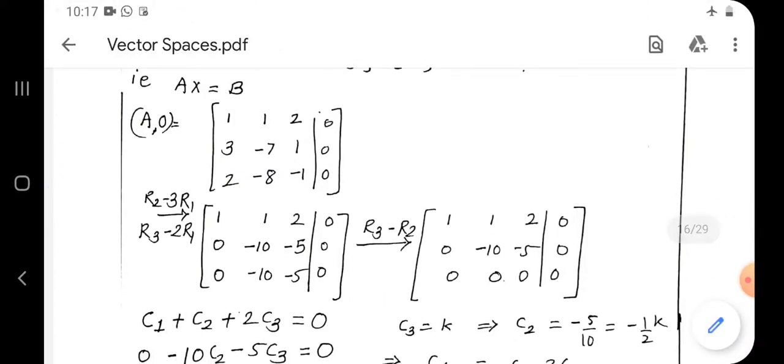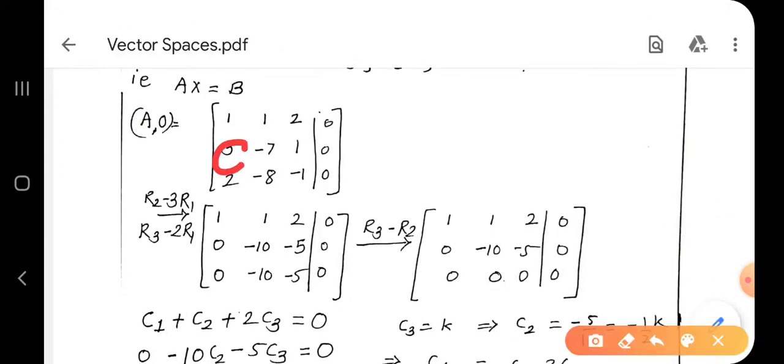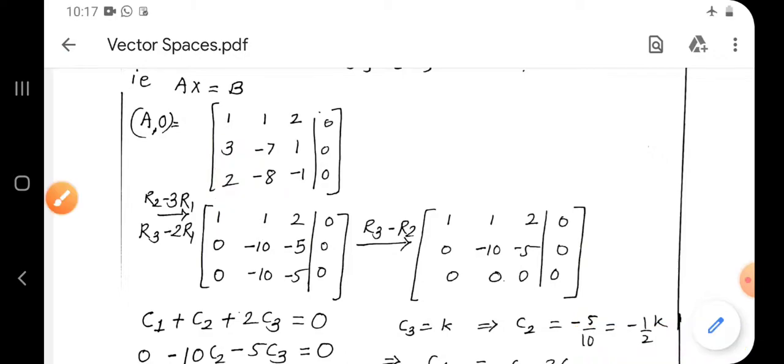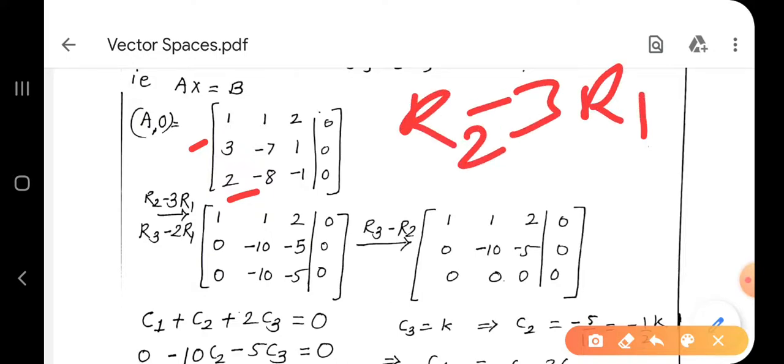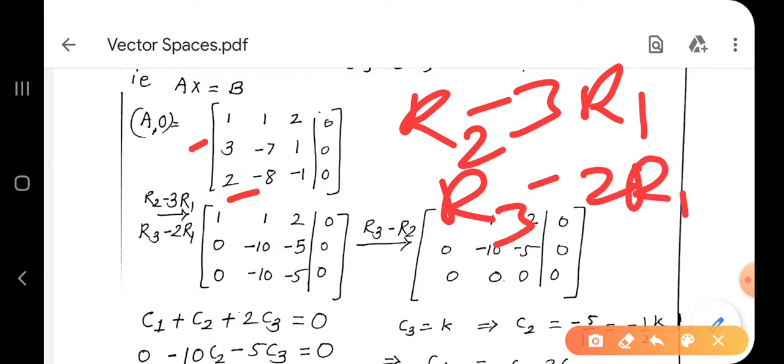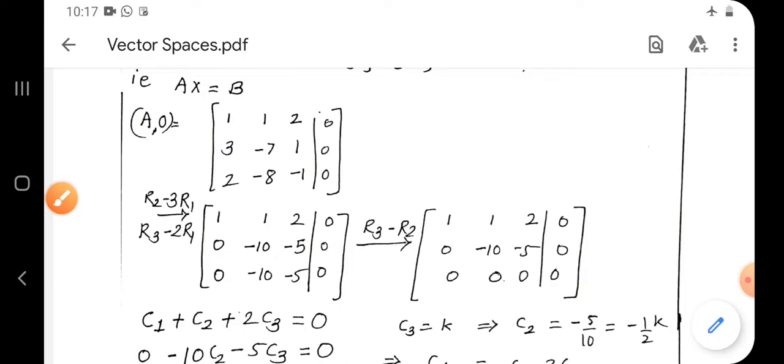So start our row operations. What are the row operations? I have to make this 0 and this 0. In place of 3 I have to make 0, and in place of 2 also I have to make 0. So R2 minus 3R1, R3 minus 2R1. Now do the calculation. 3 minus 3 is 0. Minus 7 minus 3 is minus 10.